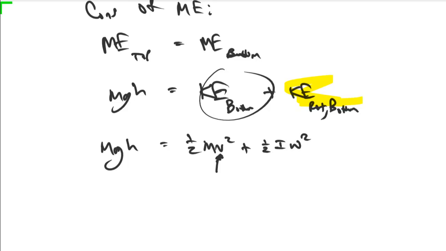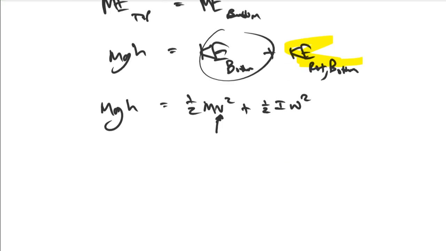So we need to know what I is, right? But if there's a hoop, if you look at the table of moments of inertia, then the moment of inertia of a hoop is equal to just mass times radius squared, right?